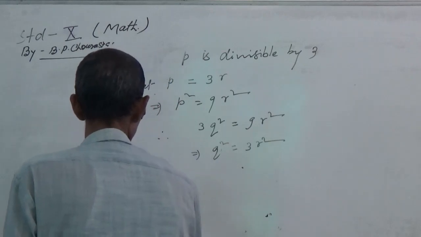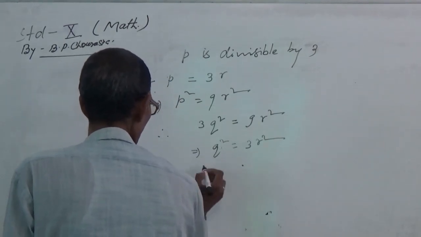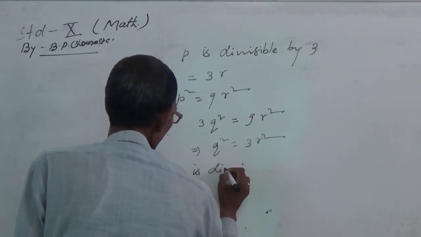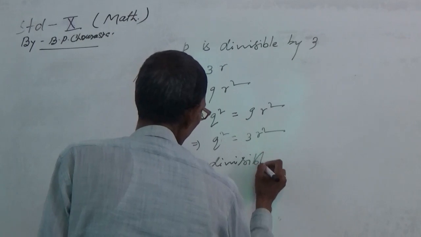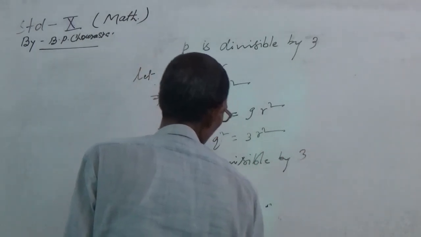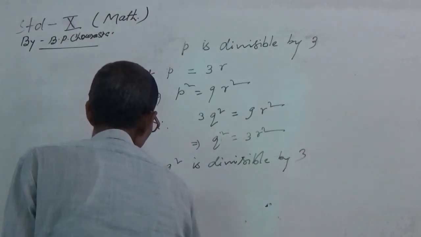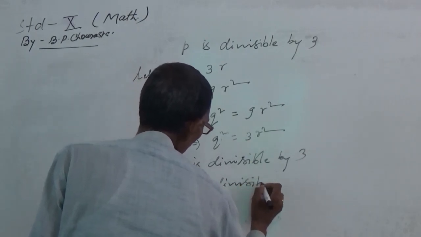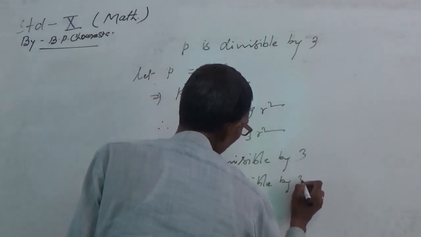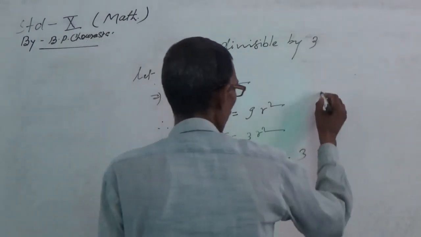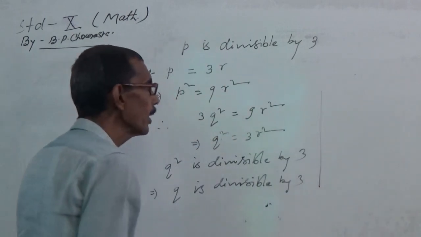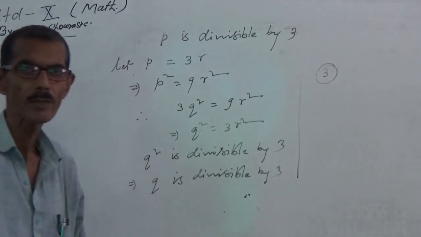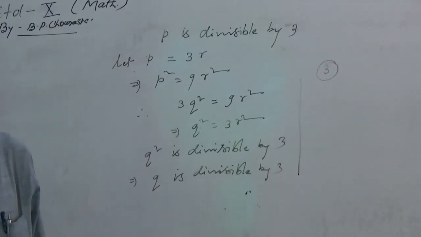It means q square is divisible by 3, which implies q is divisible by 3. In this way we get 3 as a common factor among p and q.